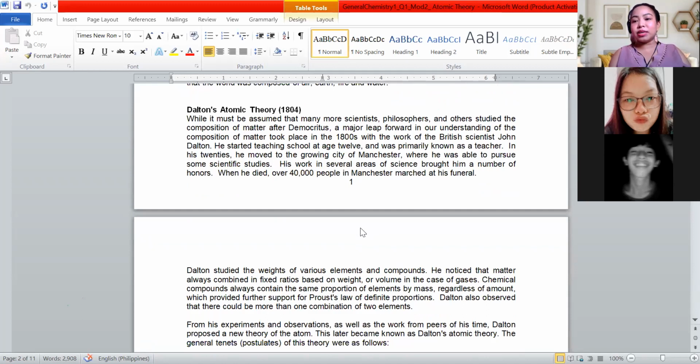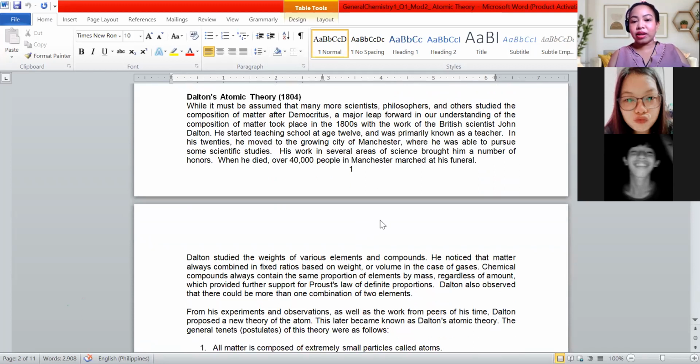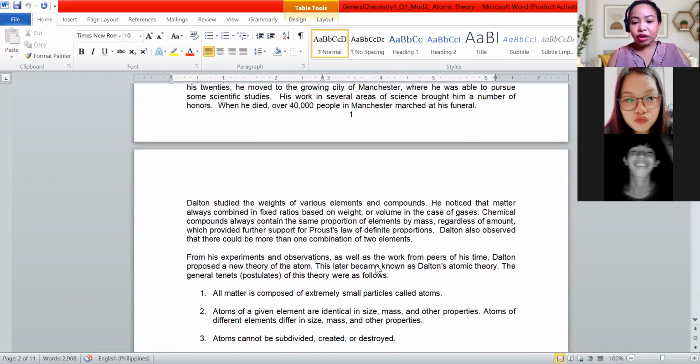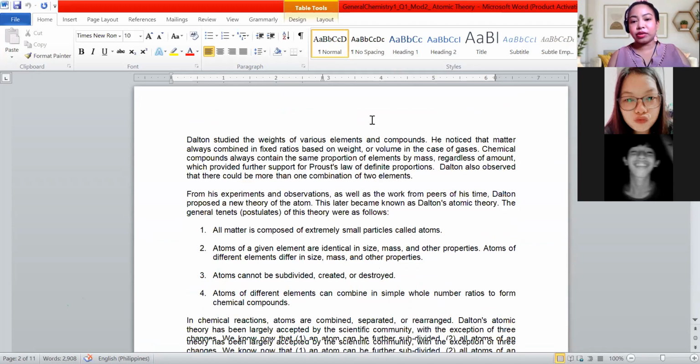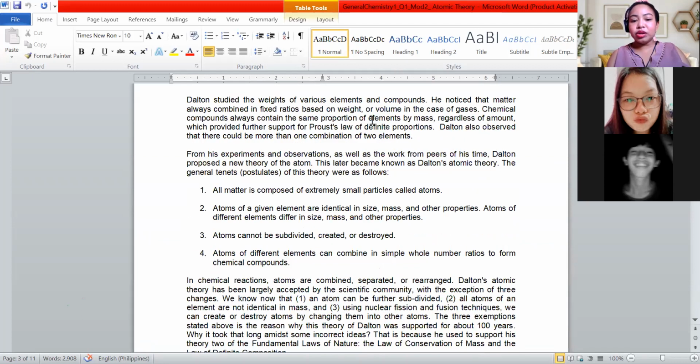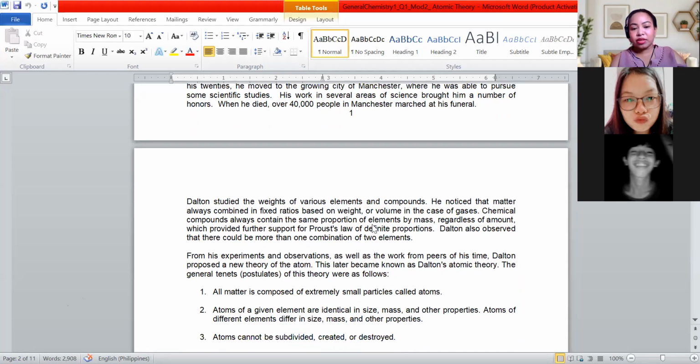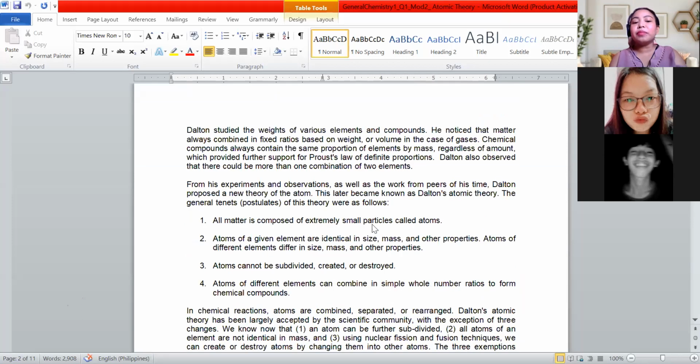It is because it is backed up by the fundamental laws of nature, and that is the law of definite proportion and the law of conservation of mass, which we will discuss later on. So, for Dalton's atomic theory, he has these postulates: that all matter is composed of extremely small particles called atoms, and that atoms of a given element are identical in size, mass, and other properties.